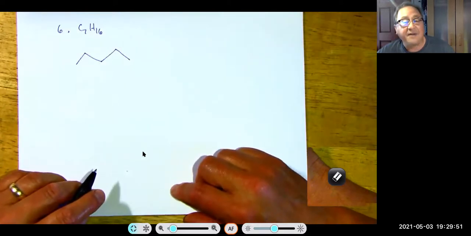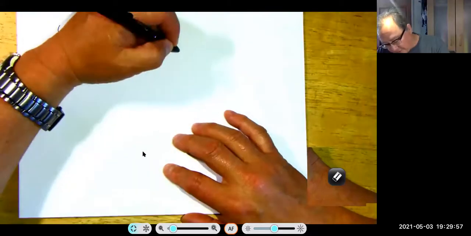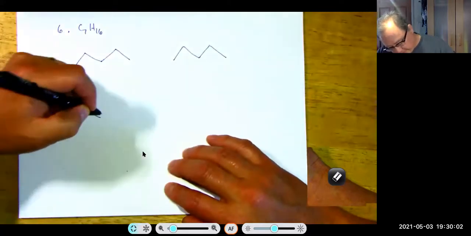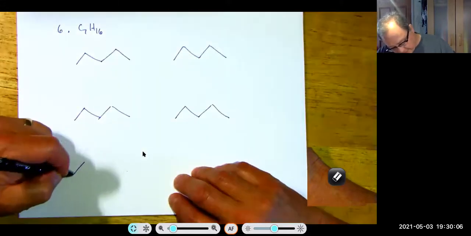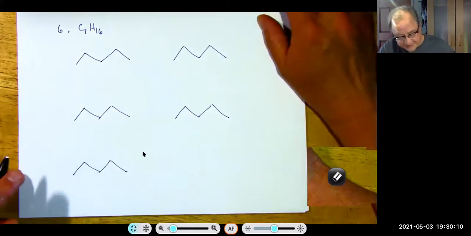And it says there are 5 of them, right? Okay, 5 isomers. So there's 1, 2, 3, 4, and 5. And when I say there's 5, there are the 5 parent chains.